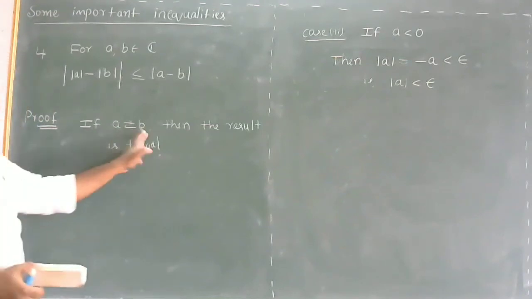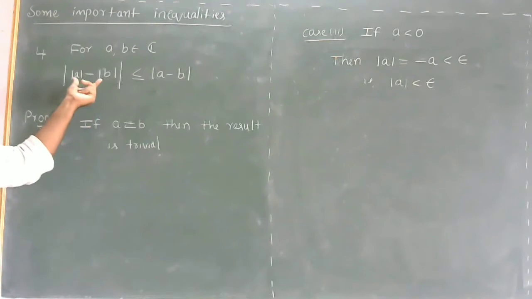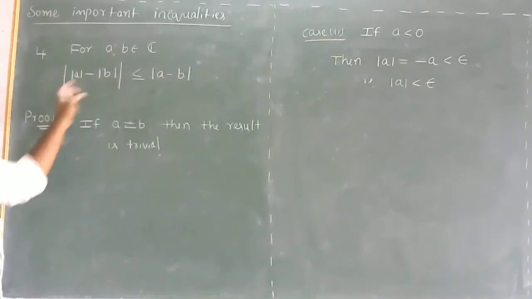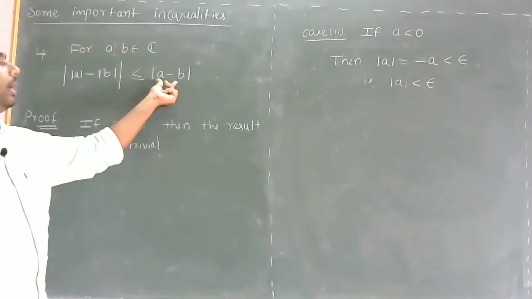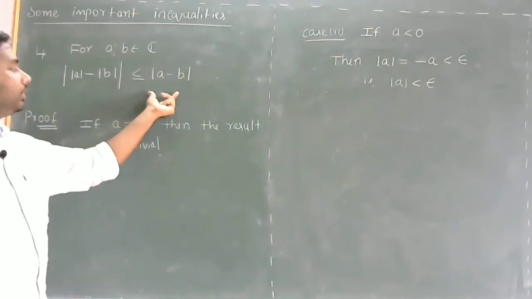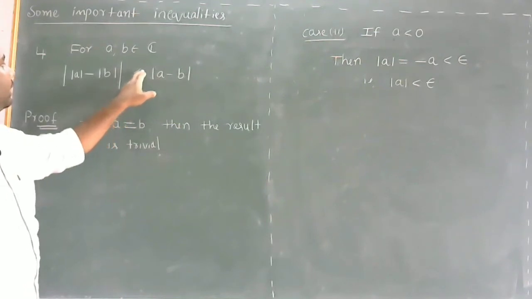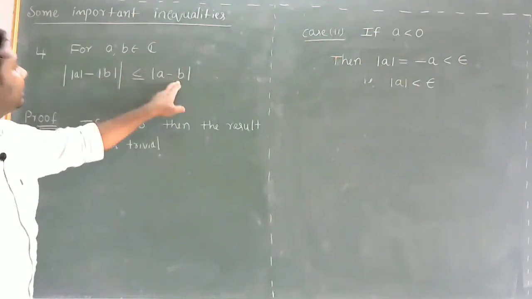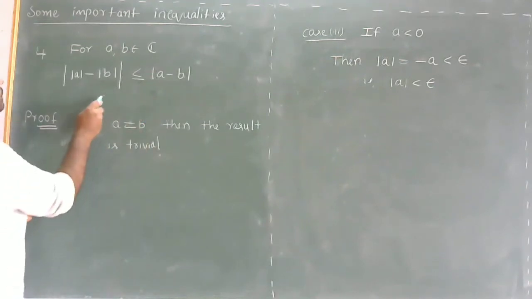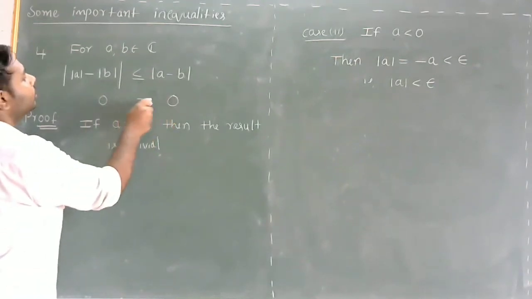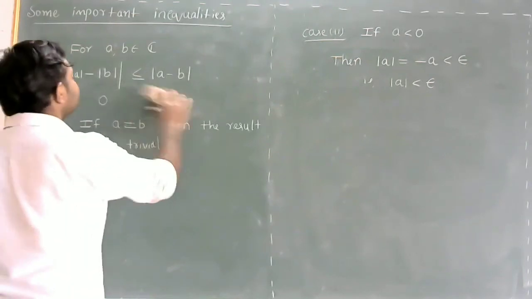Because if a is equal to b, modulus of a will be equal to modulus of b, so its difference is 0, modulus of 0 is 0. And as a is equal to b, a minus b will be 0, modulus of 0 is 0. So 0 will be equal to 0. So equality holds. So either this has to be less than this or both have to be equal. So the result is trivial.